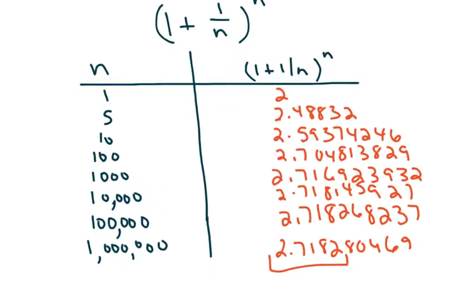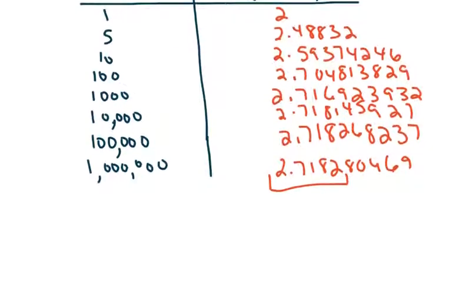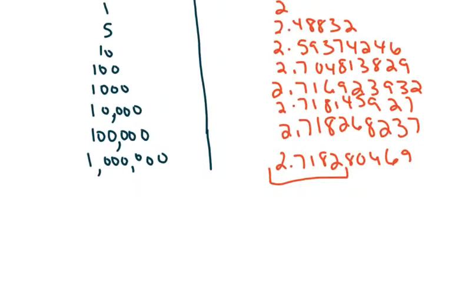Now we could keep plugging in larger values for n, but you can kind of see that this is the beginnings of this constant e that we're going to use in exponential and logarithmic functions. There is a function on your calculator for calling up e. E is the second function above the division sign. So if you see the division button, you'll see a little e there.